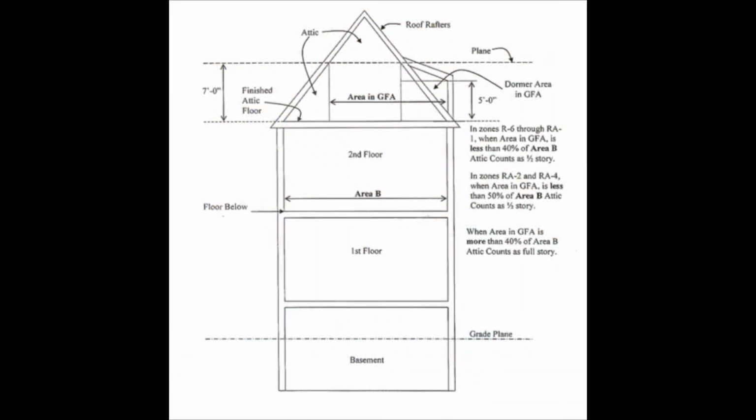So under these new regulations, you would calculate the attic area for the R6 through RA1 at 40% and the RA2 and RA4 at 50%. You calculate the same method as before the regulation change. All heights 7 feet and over and dormer heights 5 feet and over in the attic are calculated.